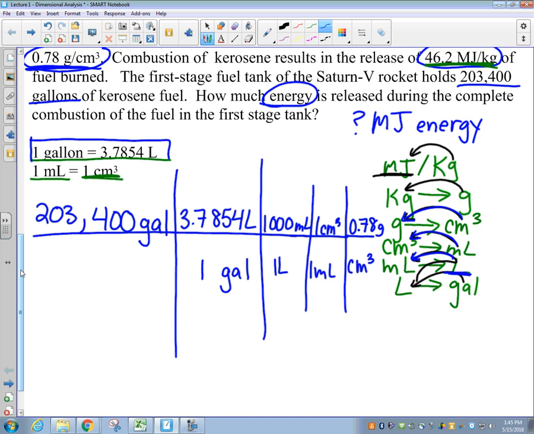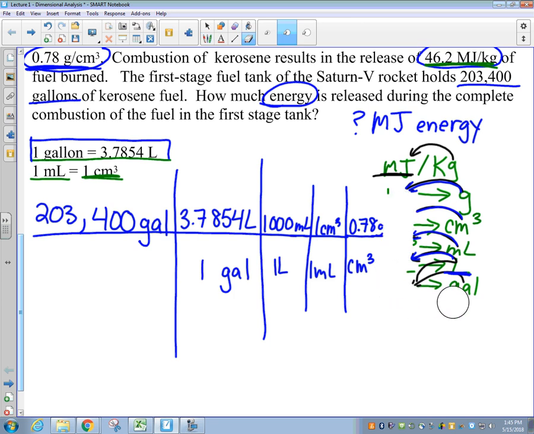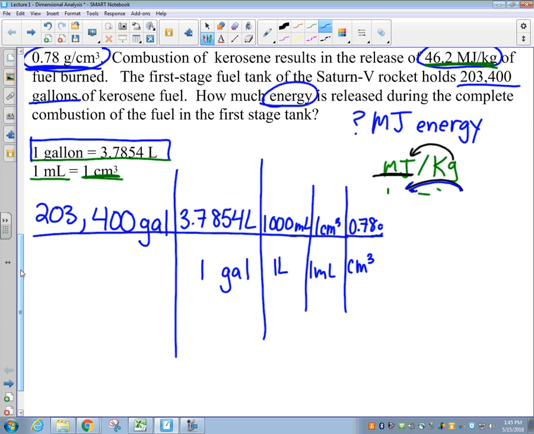Now in our next step, we need to go from grams to kilograms. So in order to go from grams to kilograms, I'm going to make a little bit of room here and erase this part. And we are going to put grams on the bottom, kilograms on the top. That's what we desire to get to. We know that there are 1,000 grams in 1 kilogram.